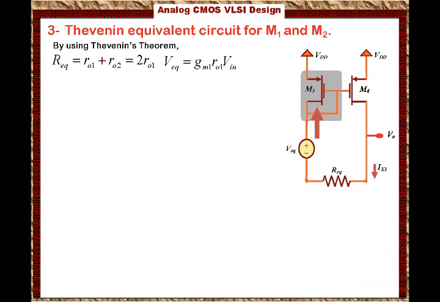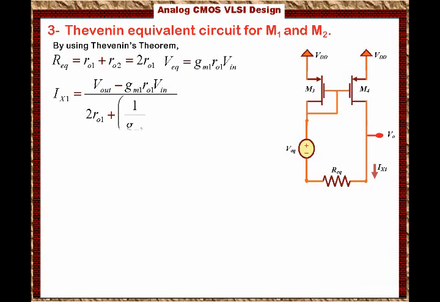Then Ix1, which is the current flowing through R equivalent, V equivalent, and the same current flowing through M3, is given as V out minus GM1 times RO1 times Vin. This is basically V out minus V equivalent, over the sum of the resistors, which is 2RO1, that is R equivalent, plus 1 over GM3 in parallel with RO3.